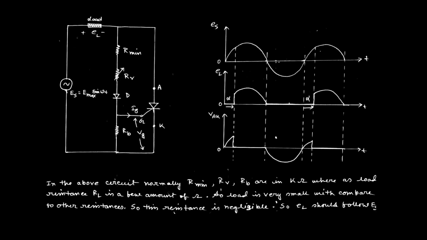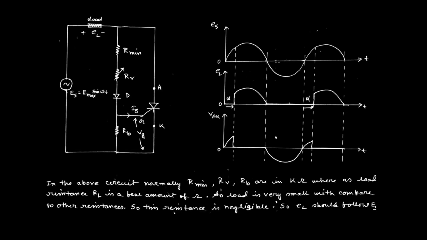But somehow it is possible that when the supply voltage reaches the maximum value, the voltage appearing across gate to cathode can be maximum, defined by Vg max. So Vg max should be within a permissible amount, and that should be restricted by using this resistance, defined by Rb, or the stabilizing resistance.